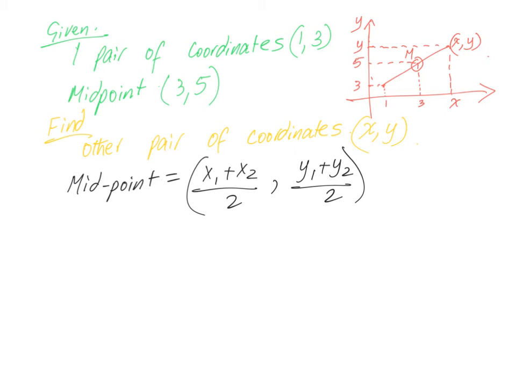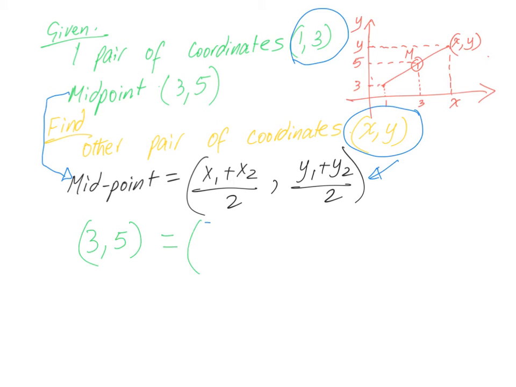We know the midpoint, so that is right here, and the other coordinates are over here. So this point and this point will fit in over here. Okay? So let's plug in the midpoint. The midpoint is (3, 5).